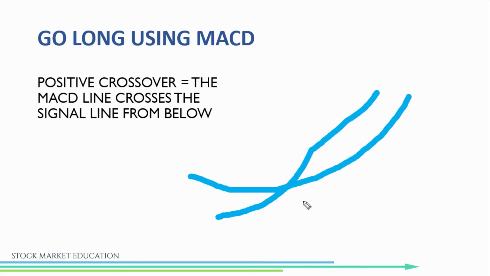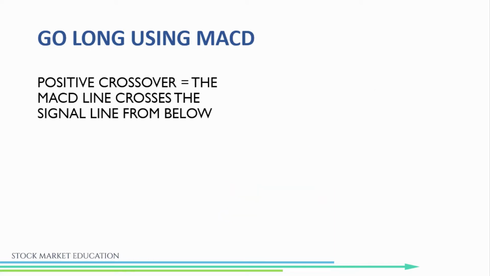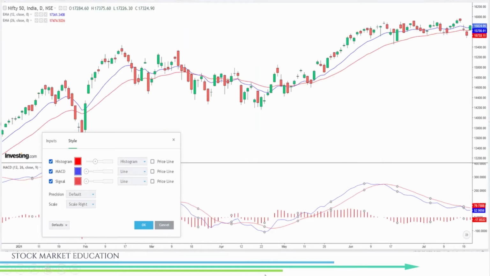Now let us see this in the previous slide. In this slide, you can see the MACD blue line is crossing the red line from below here. So this is called as a positive crossover.